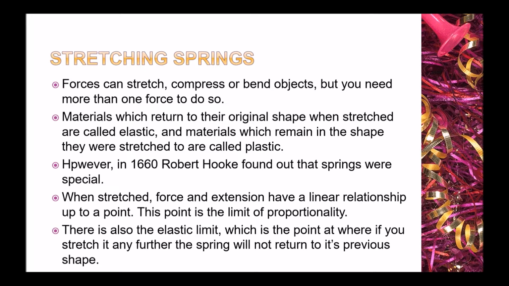And the point where the linear relationship ends is known as the limit of proportionality. And there's also an elastic limit somewhere, which can be at the limit of proportionality or either side, which is the point where if you stretch the spring any further, the spring will not return to its original shape. It will be stretched permanently.